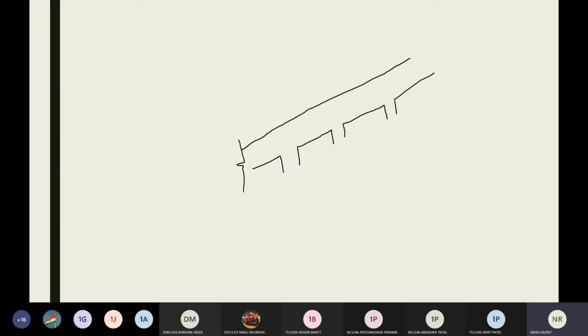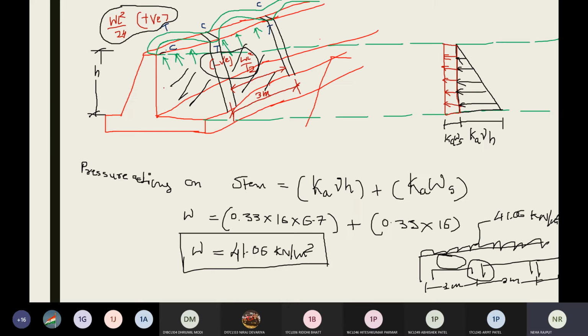I'm just cutting this portion also, and over here also. So this 12 mm diameter bar you are going to provide in a horizontal plane. That means from the top you can see the horizontal reinforcement.